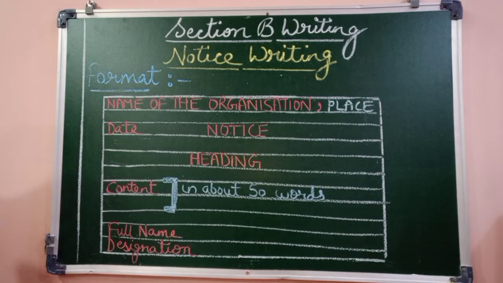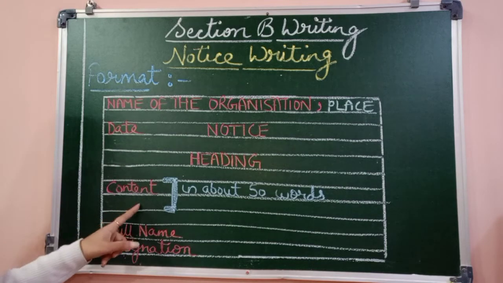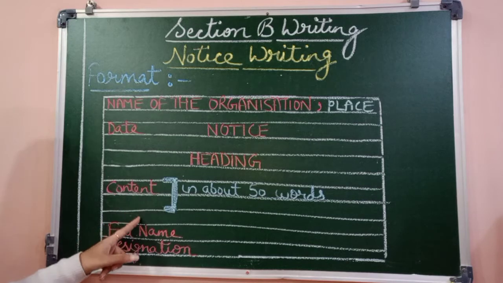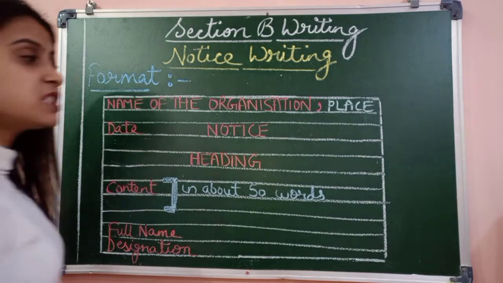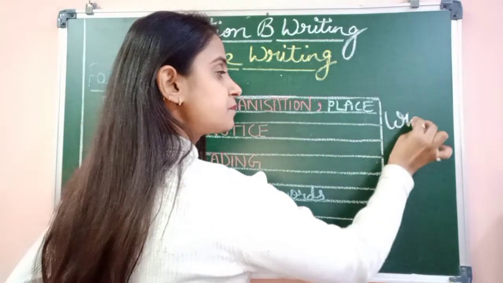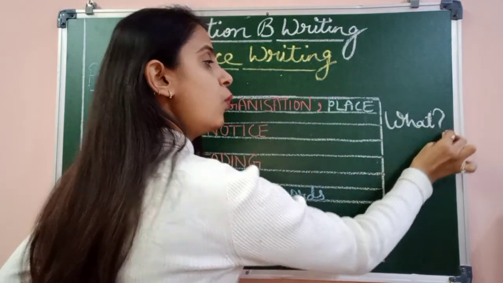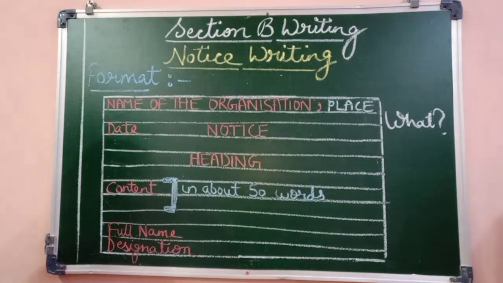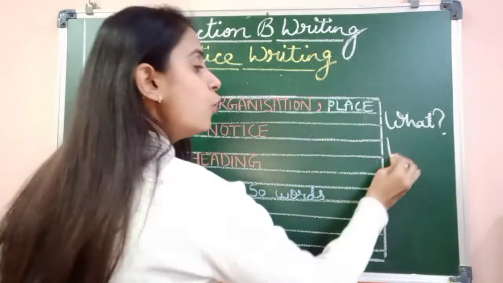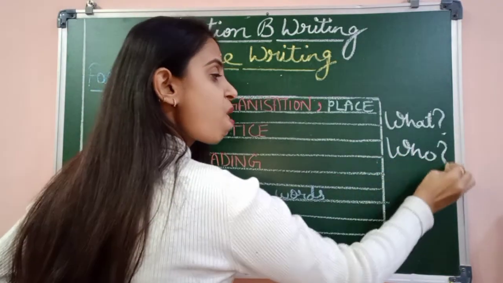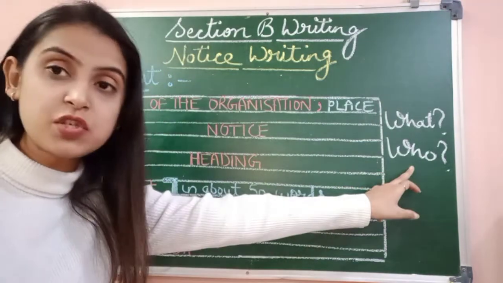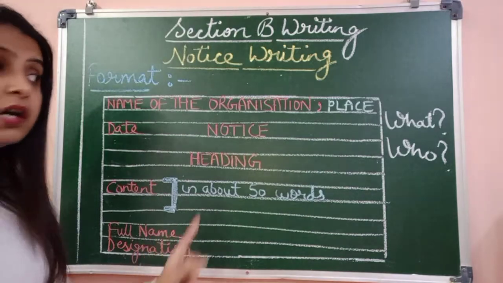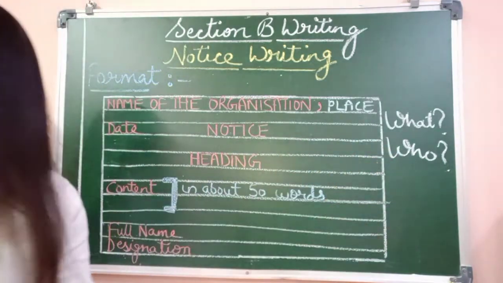Now, when we talk about the content, what has to be written in the body? Here you need to give proper details, like what the notice is about, and who it is addressed to. Suppose you are addressing the students of the school, the notice has to be very clear about who you are addressing.